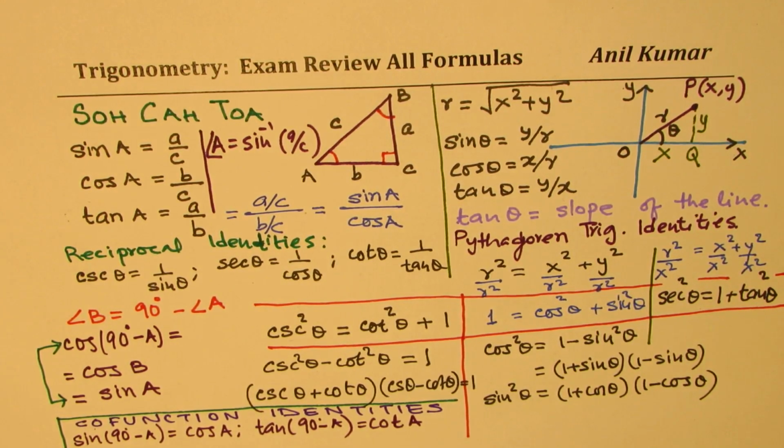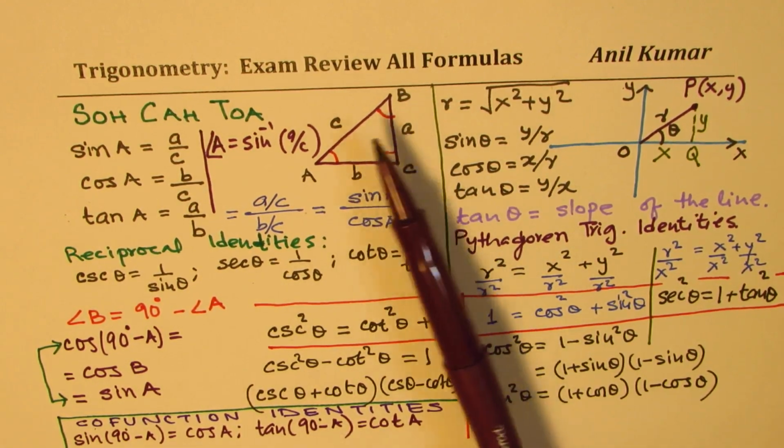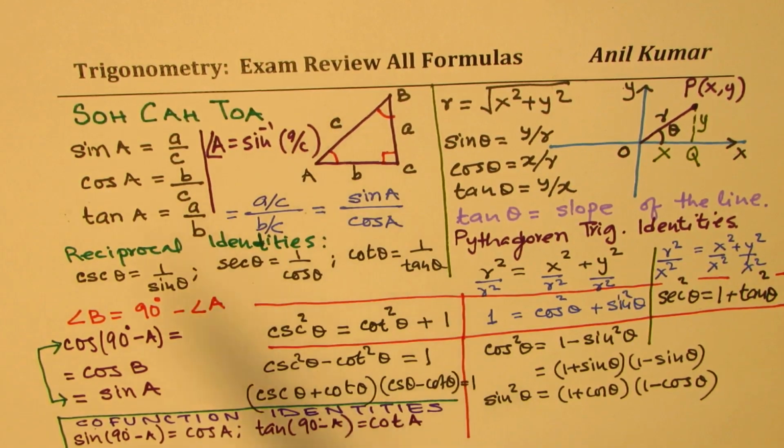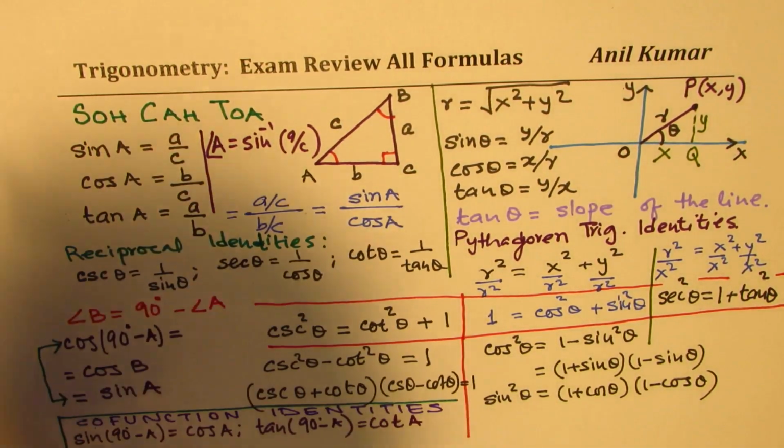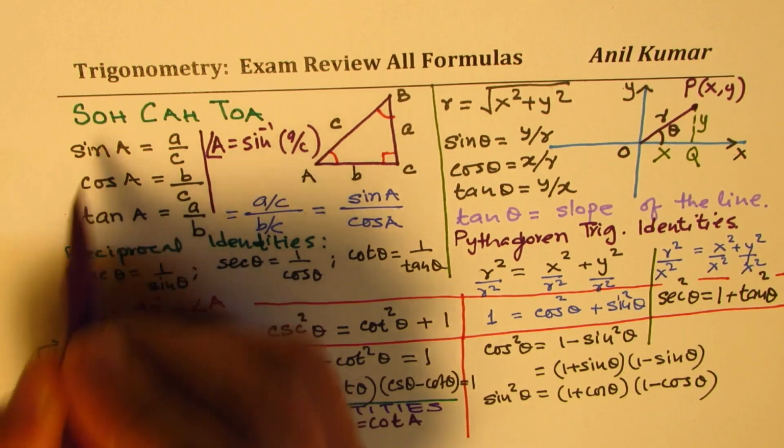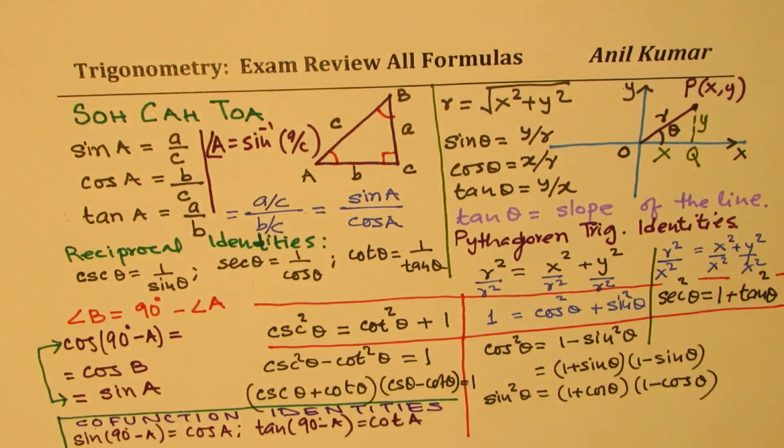So sine of any angle will be a ratio. It does not have a unit. And remember, since these two sides are smaller than the hypotenuse, the absolute value of sine A will always be between 0 and 1, correct? So let's talk about this and other identities in the next page.